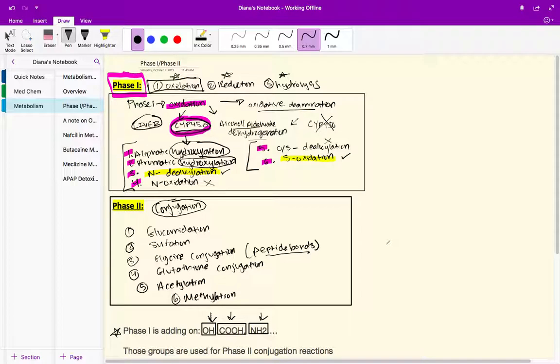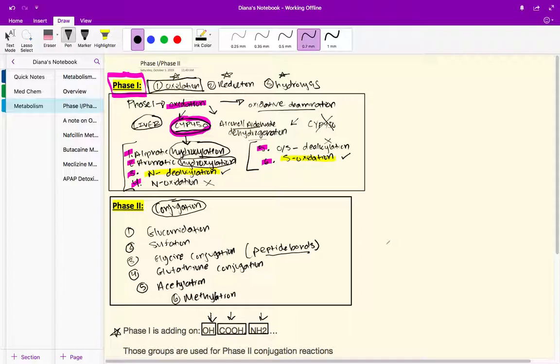We also made a note about how with nitrogen, it's more common to have N-dealkylation as opposed to N-oxidation, so that's why N-dealkylation is highlighted. And with sulfur, S-oxidation is actually more common than S-dealkylation. We'll see all of these reactions through a series of practice problems that I'll be showing you, and through those we will cover all of these different phase 1 reactions.